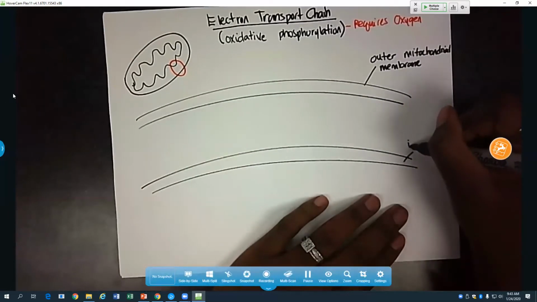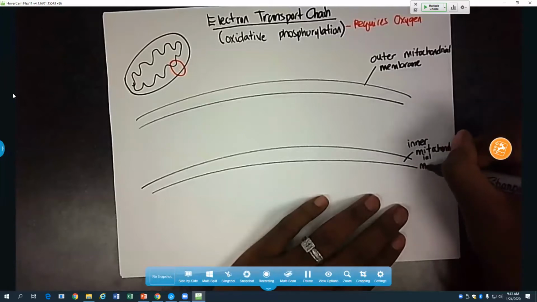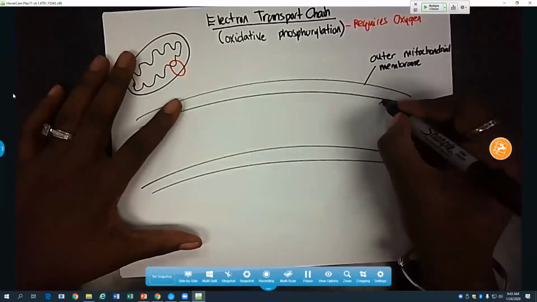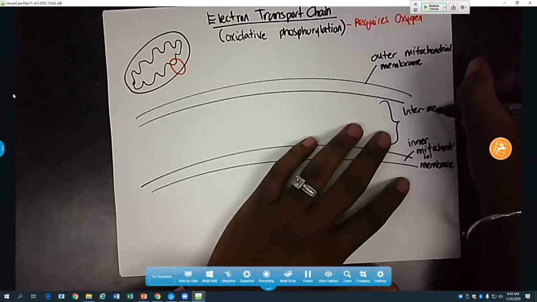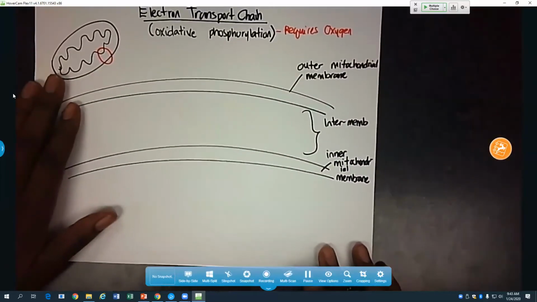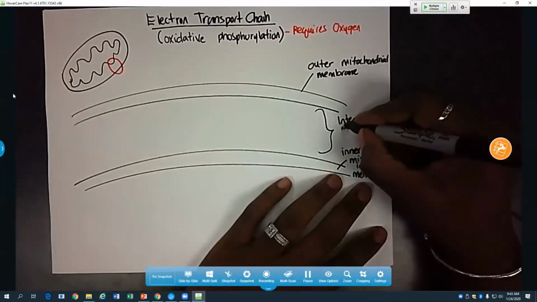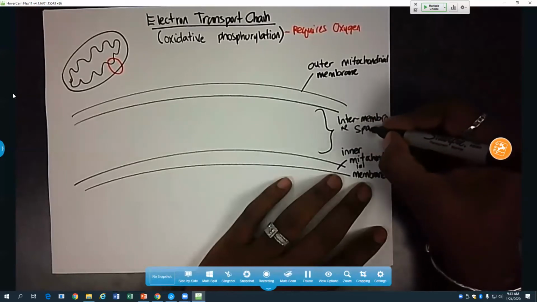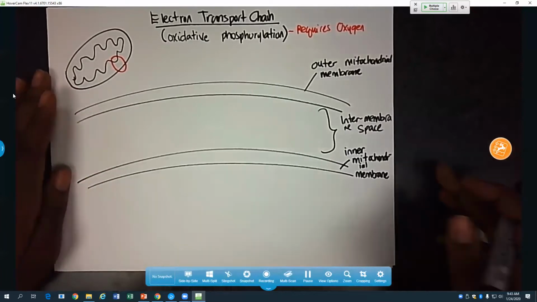This is the inner membrane. And this is the intermembrane space. Okay, the outer membrane, the inner membrane, and then the intermembrane space here.